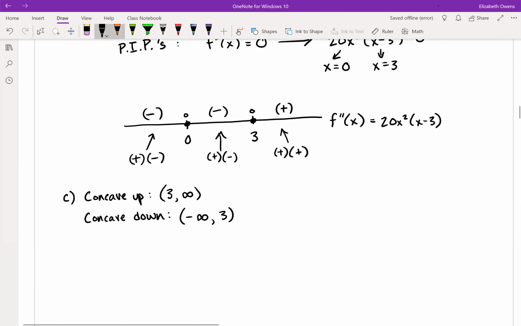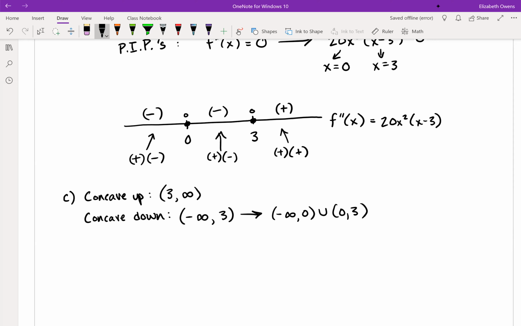Okay, because that would cover everything through here, all the way up to x equals 3. Or you could list that as the 2 different intervals. You could say negative infinity to 0 and then 0 to 3.